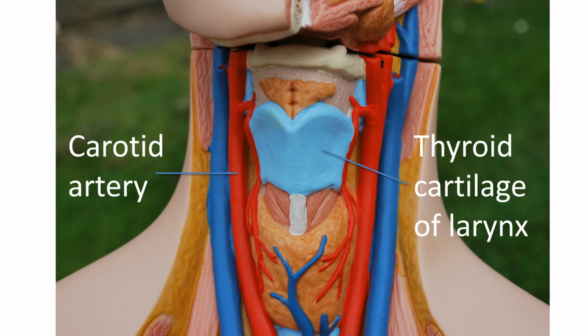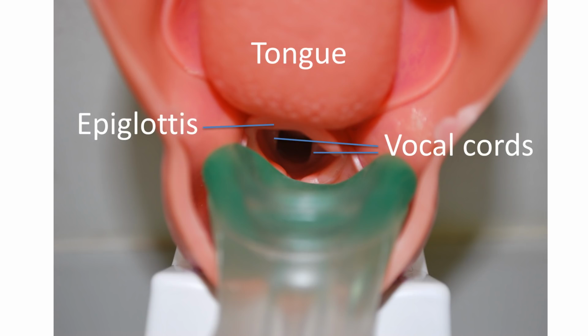Now moving down from the pharynx to the larynx. And here we see the thyroid cartilage at the front of the larynx and its anatomical position in the neck. So on this model we see an i-gel laryngeal type mask airway being fitted. And we notice the tongue at the front, the epiglottis. We can see the vocal cords as we start to look into the larynx.